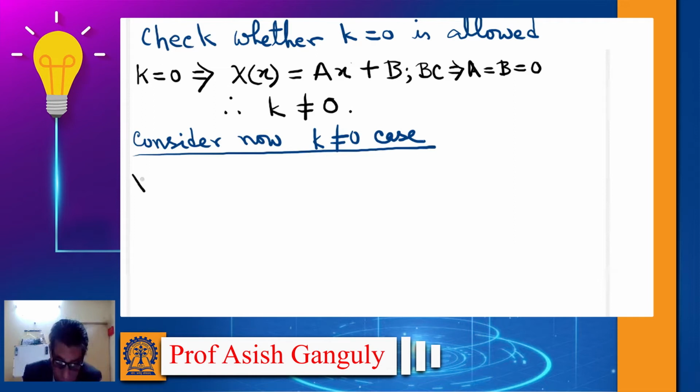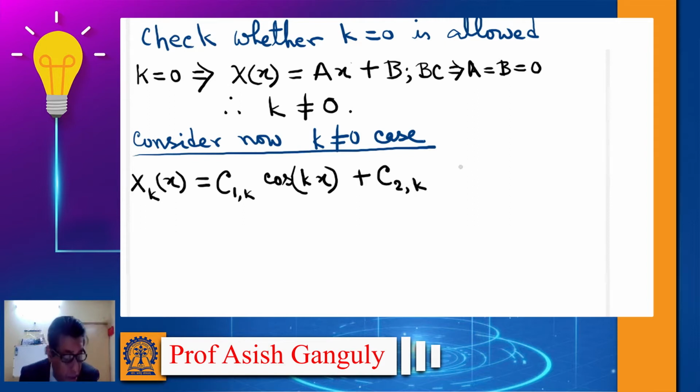X_k(x) equal to, I am taking, there will be two arbitrary constants, of course. I am taking the symbol C1k, with k in the suffix because it is the kth arbitrary constant, times cos kx plus C2k sin kx.